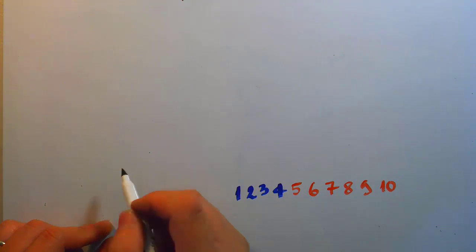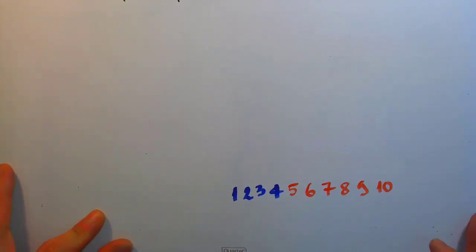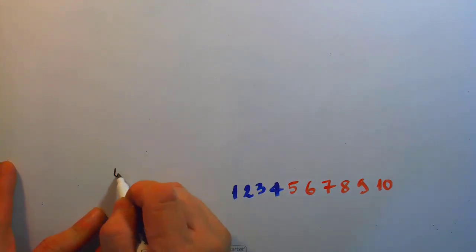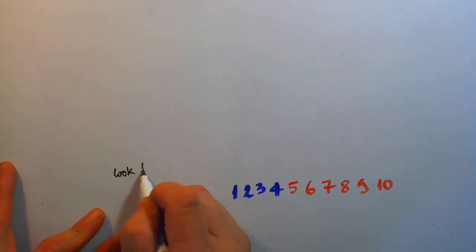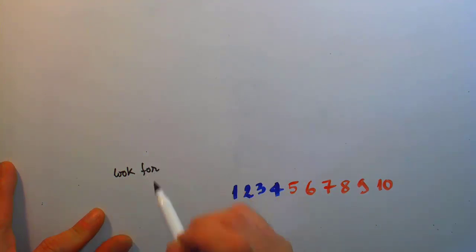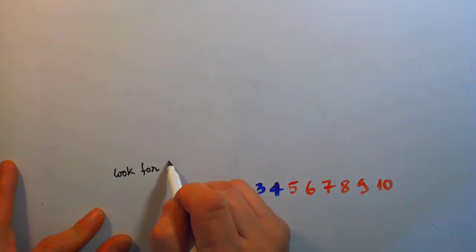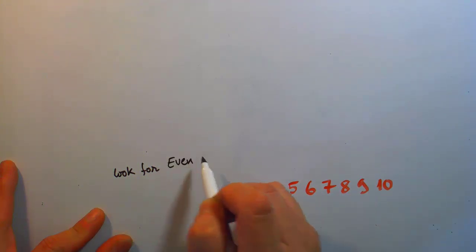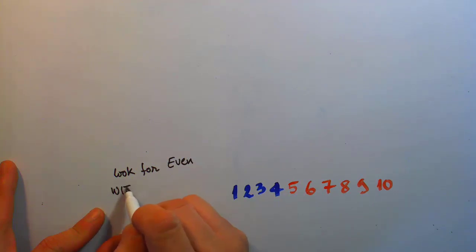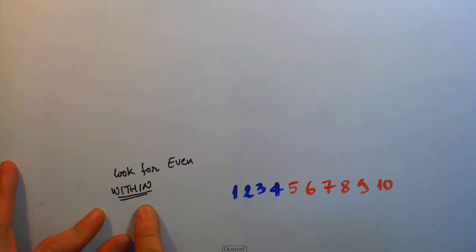So remind yourself, our guidance here is to look at the events behind the bar, and the event before the bar is being an even number. So we're looking for even numbers, but within, and this term within once again is important, we need to narrow our attention within the blue ones.